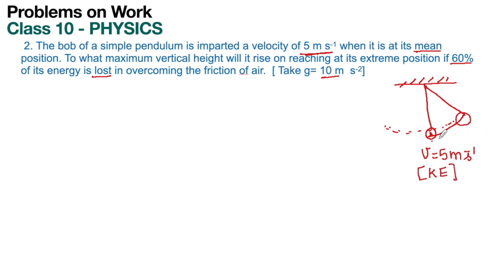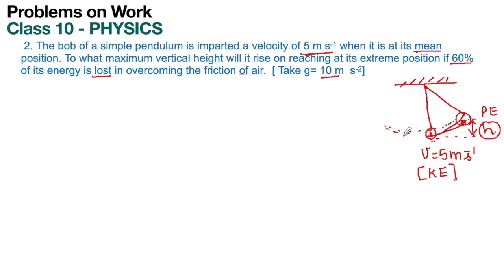And when it comes from this point to this point over here, it has acquired a certain height. Remember, the height is always taken from the center of gravity. So because of this height, it will acquire potential energy.